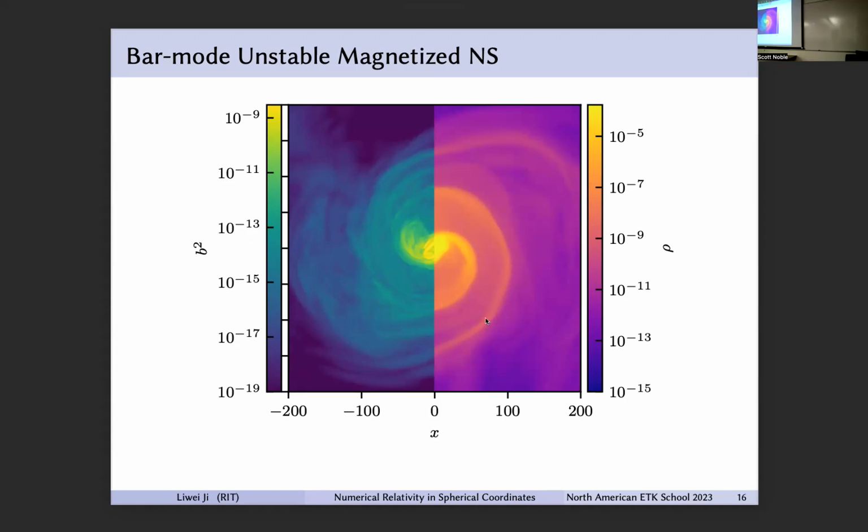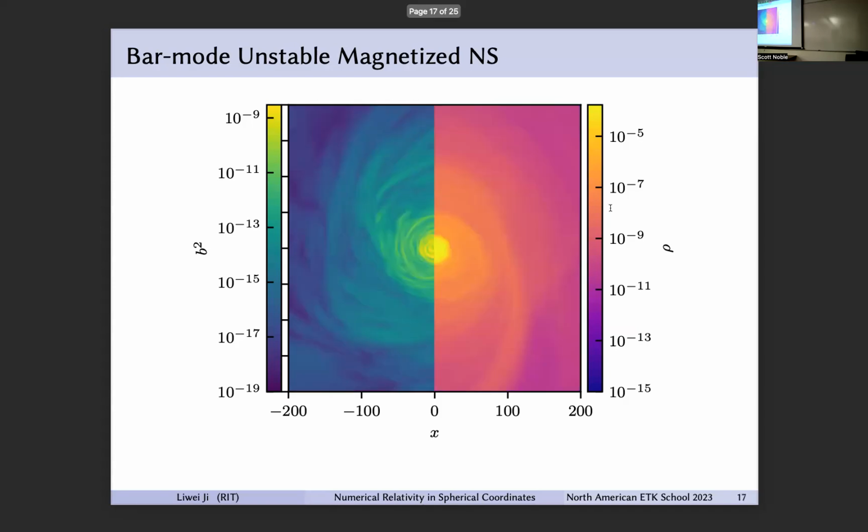As you can see, the spiral arms, and this is after the bar mode stage, going back to the asymptotic spherical stage, and it's surrounded by this B field disk.